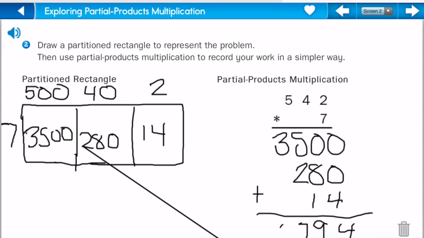And 3 plus nothing equals 3. Alright. So the answer we should have gotten was 3,794. Let's go to the next one.